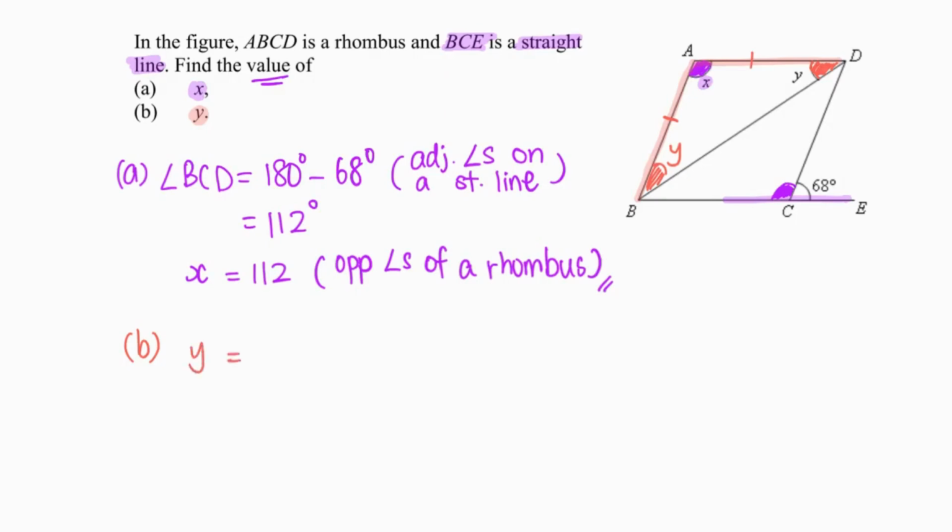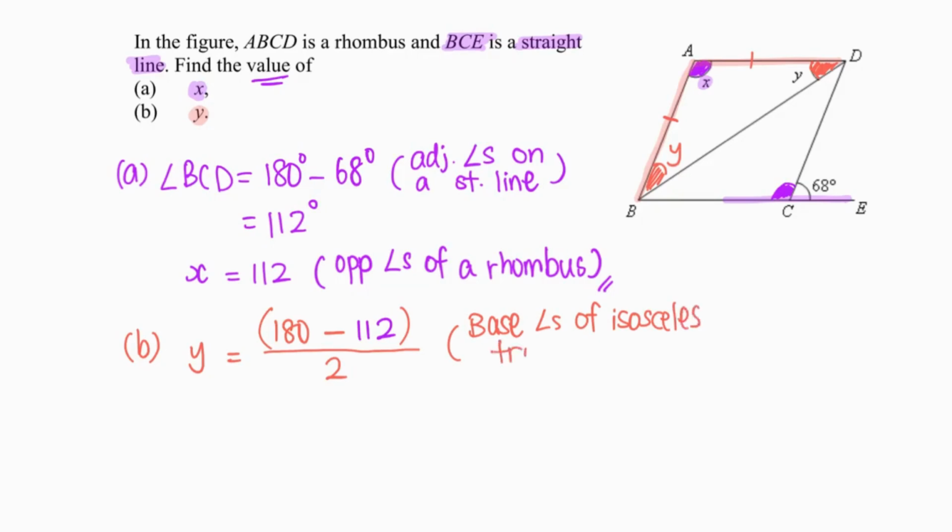So y is equal to 180 degrees minus x, which I need to erase because I'm no longer using it, and the whole thing divided by 2, because I'm using the base angles of an isosceles triangle. And this will give me a value of 34 degrees.